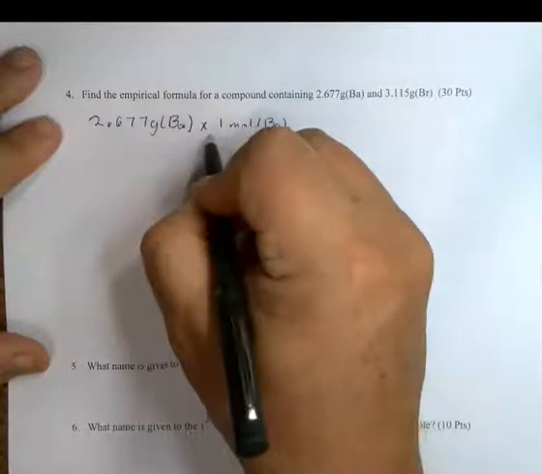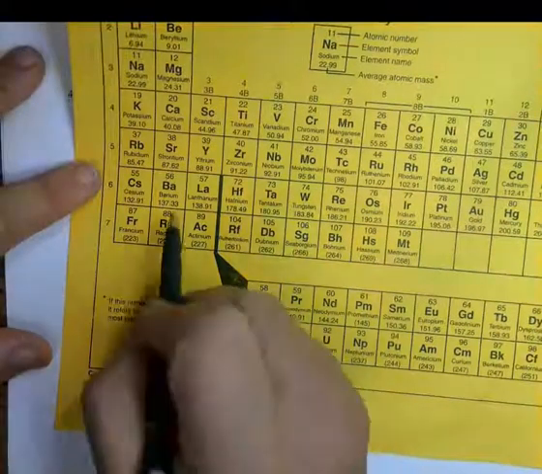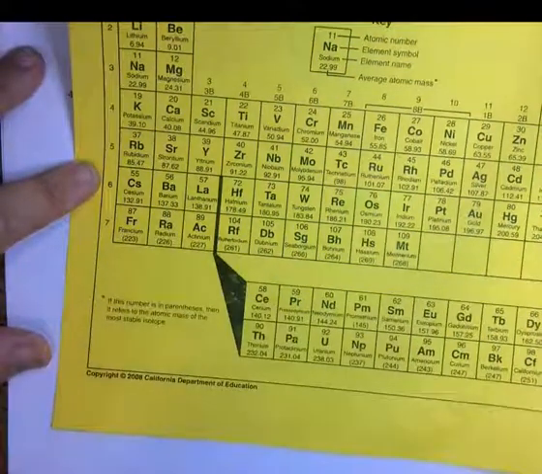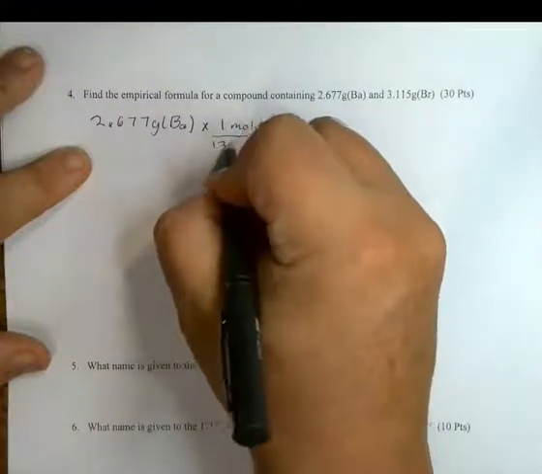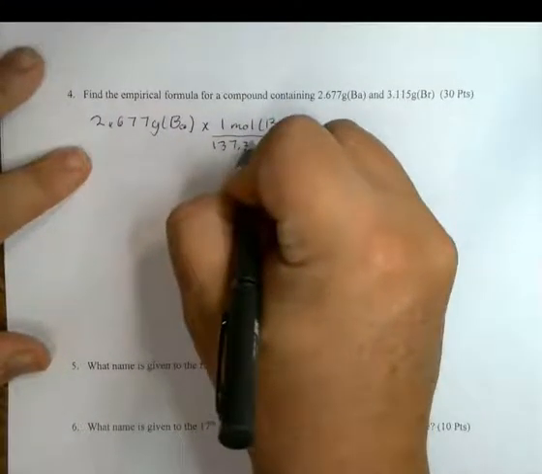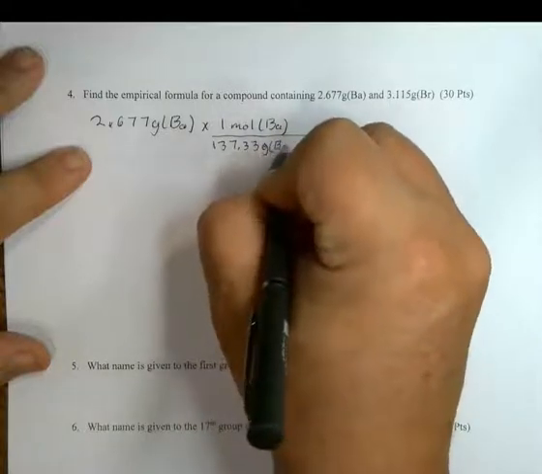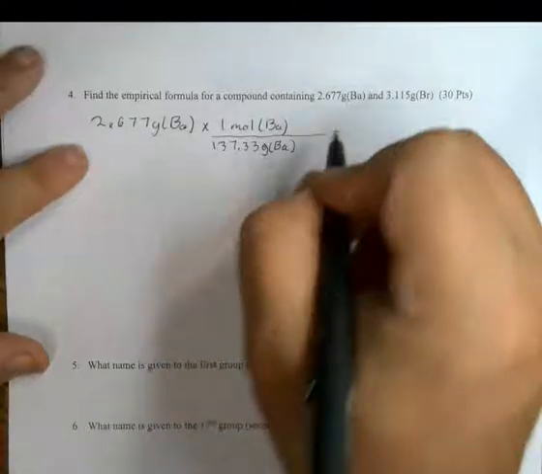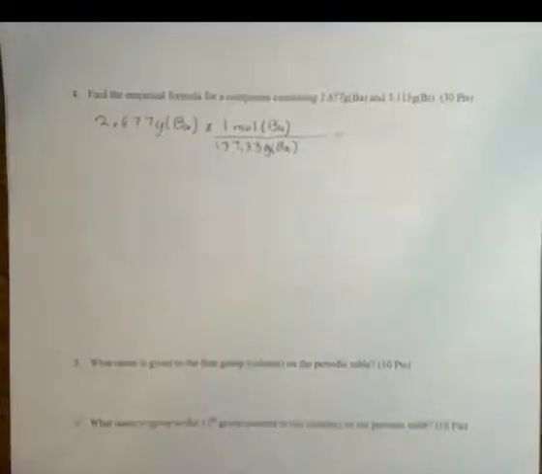It's just a single element, so you just pick up your periodic table. You come over here, there it is, it's 137.33. And then do the calculation of how many moles that is.